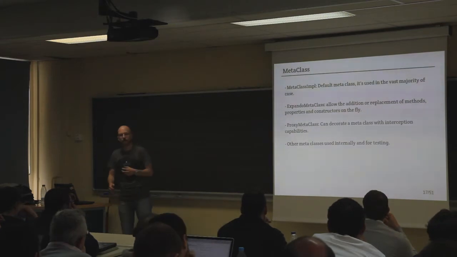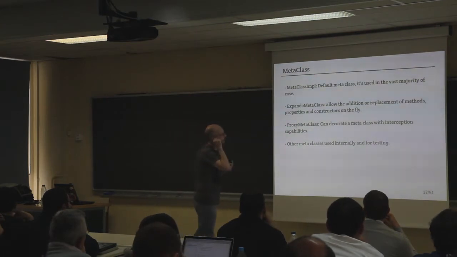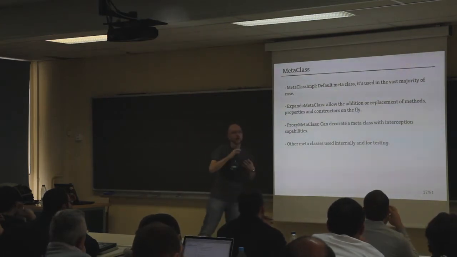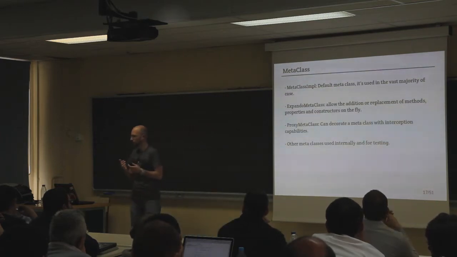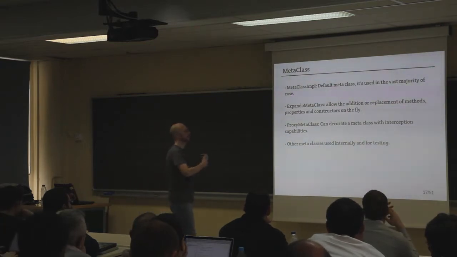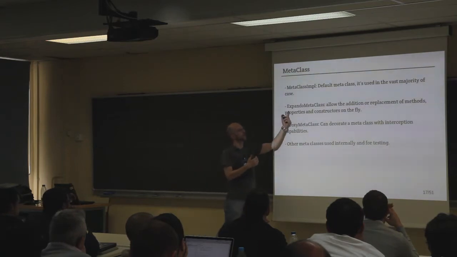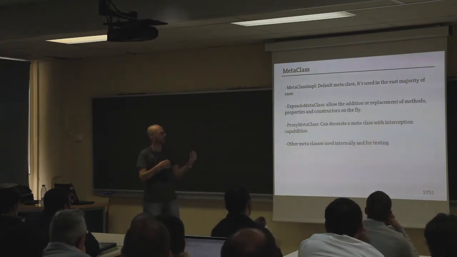These are some implementations of the metaclass that Groovy provides us. The MetaClassImpl is the default metaclass implementation. It's used by almost all classes. And when we add new behavior to a class, Groovy changes this implementation to expand the behavior with our new methods or properties.